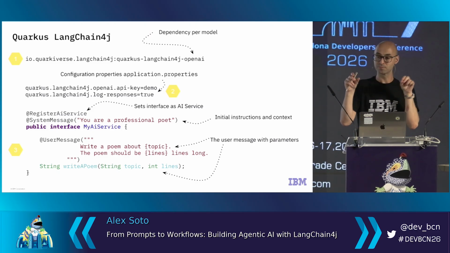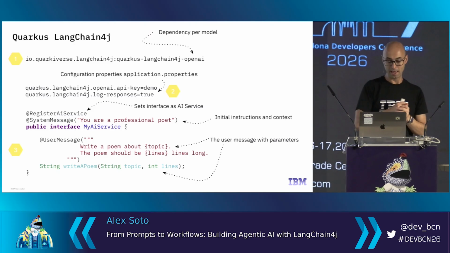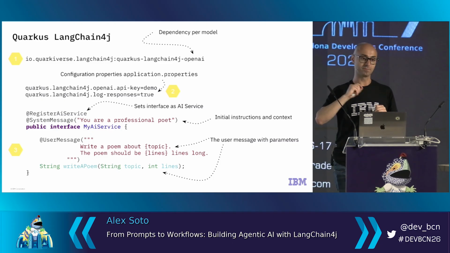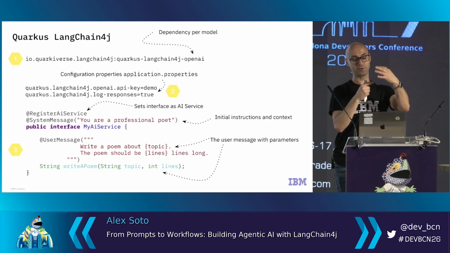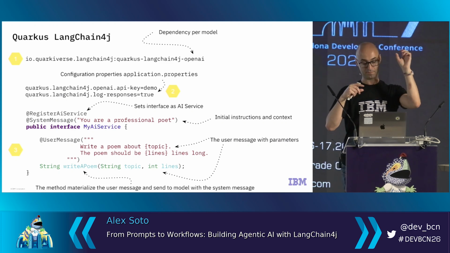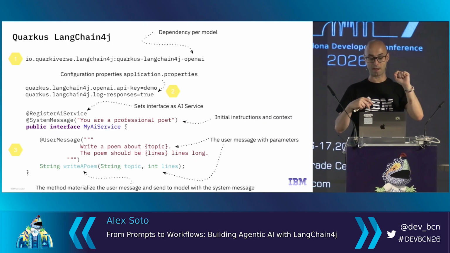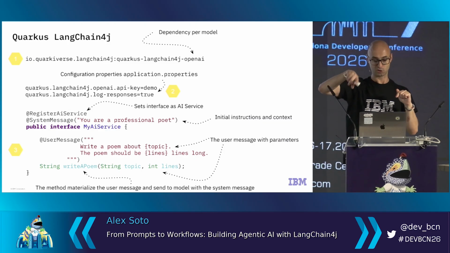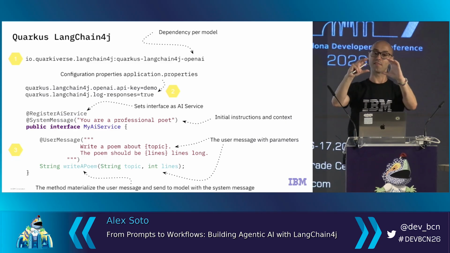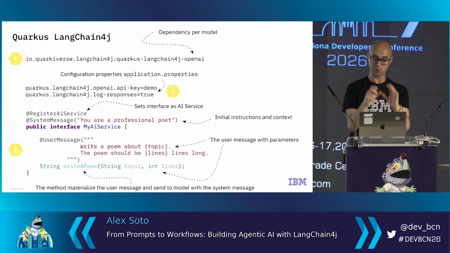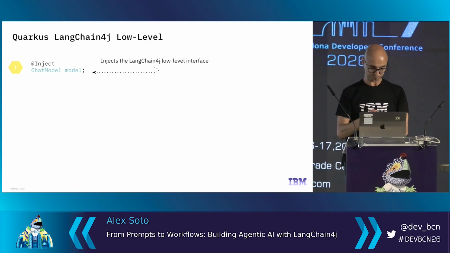You see here some placeholders, and then automatically LangChain4j makes the matches between the arguments and the prompt. So automatically it replaces at runtime the "you are a professional poet", okay, nothing, then "write a poem about", and then it will replace the topic with the given topic and the lines with the given lines, and send this to the model. Just these lines. And we are interacting with a model.